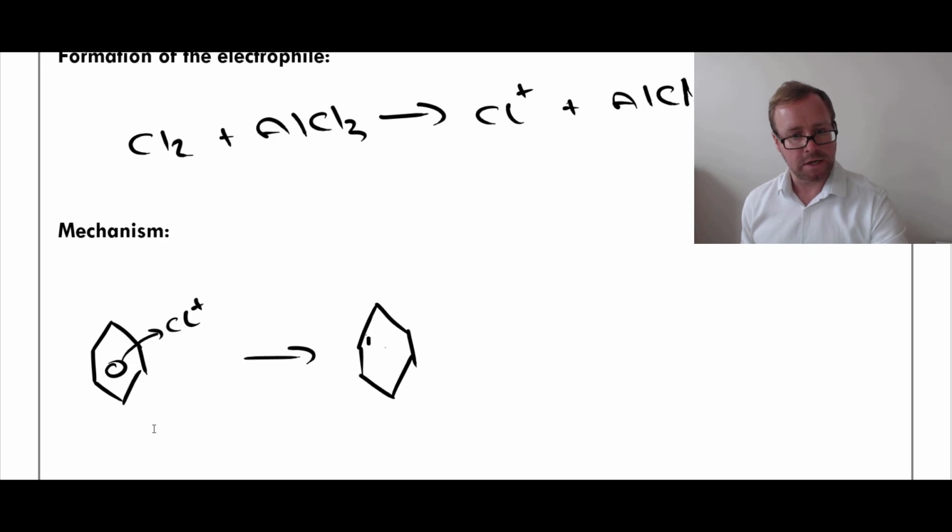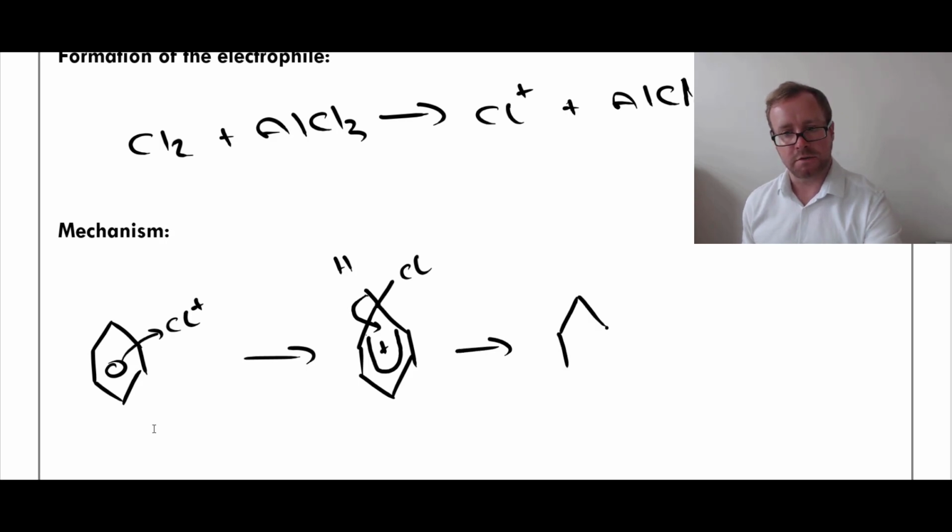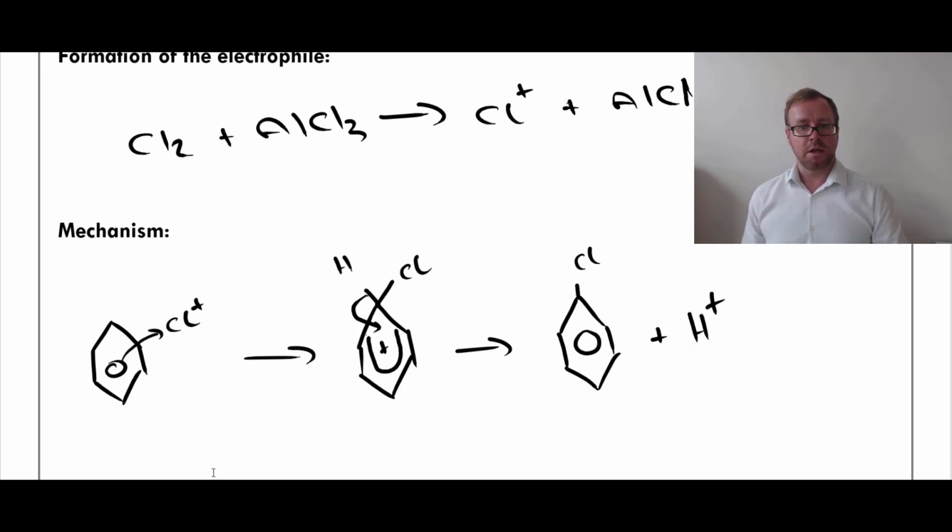We now have 4 electrons spread over 5 carbon atoms. The electrons from the C-H covalent bond go back in to reform the pi delocalized benzene ring, and then we have the H plus removed or substituted. So exactly the same thing as nitro, but we've added a Cl instead.